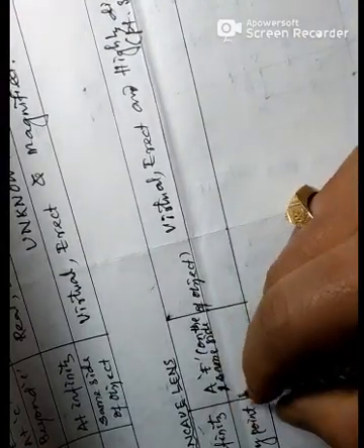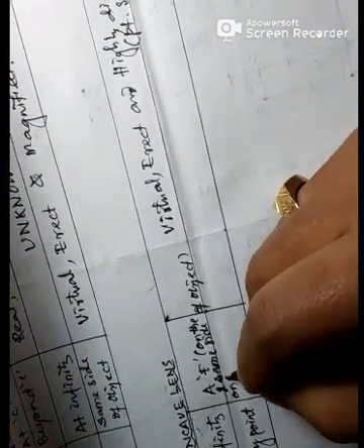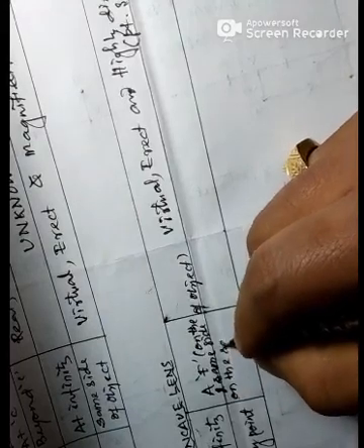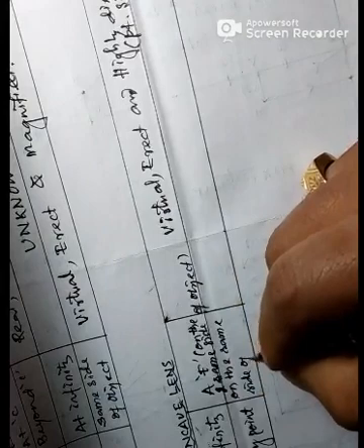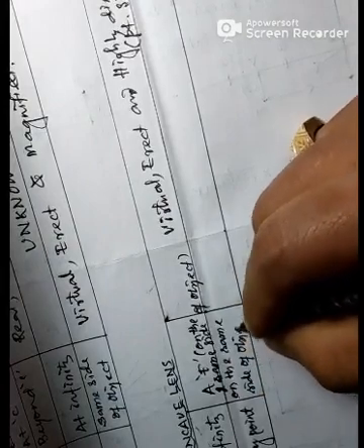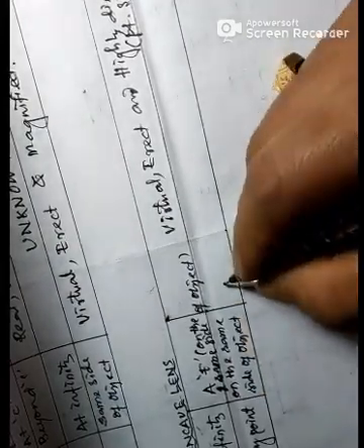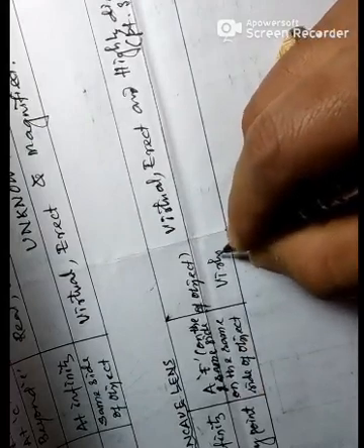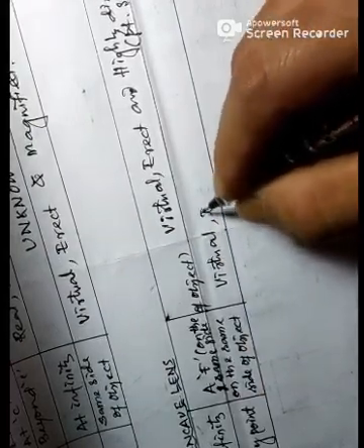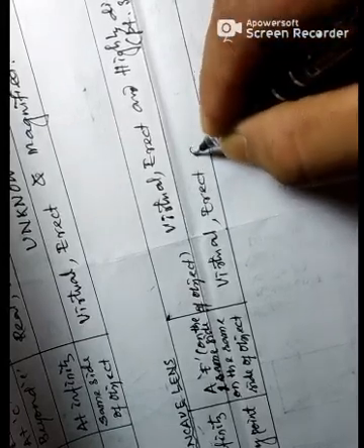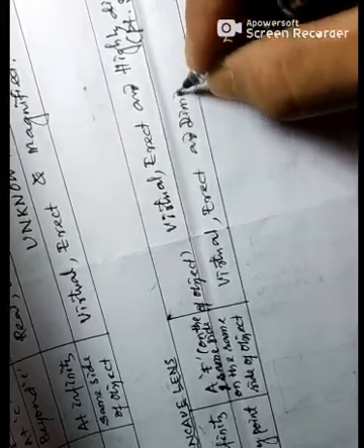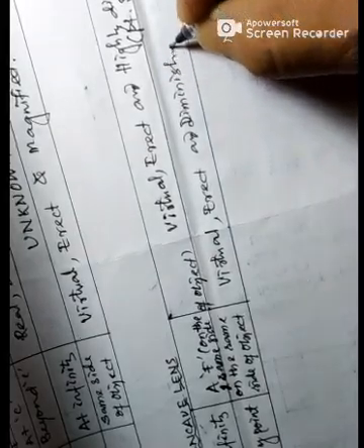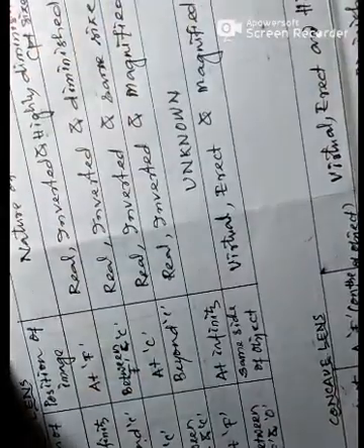The image is going to form on the same side of the object, and it is virtual, erect and diminished. So this is the table you can form here.